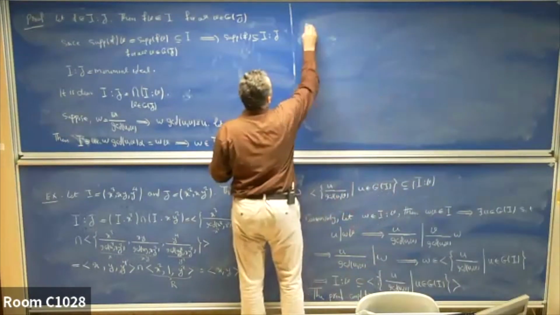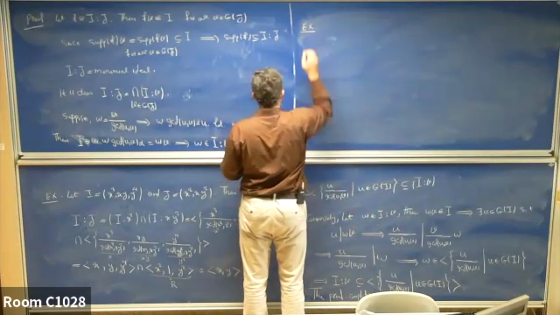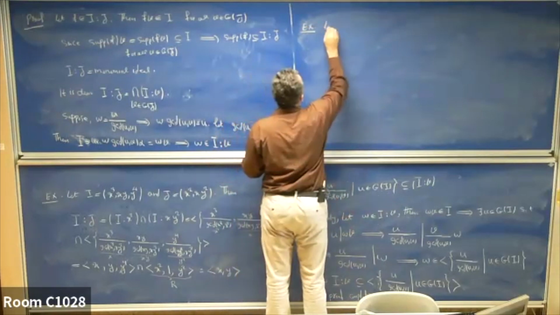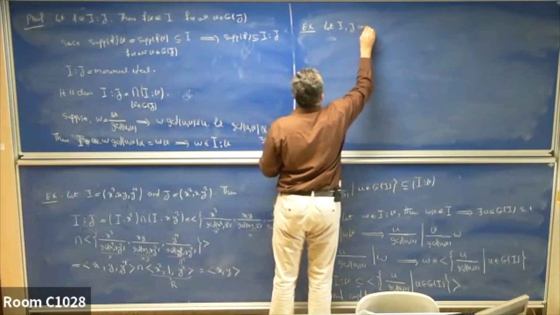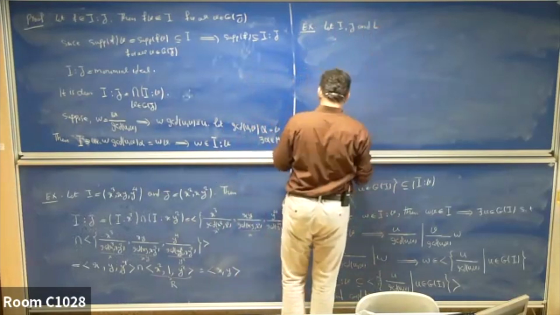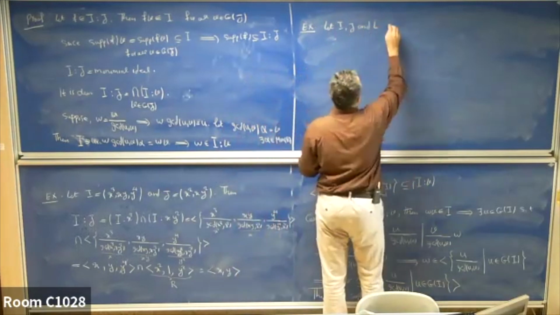Examples. Let I, J, and L be monomial ideals.